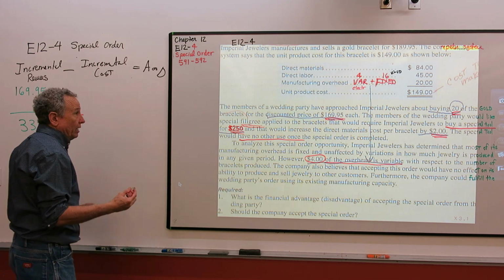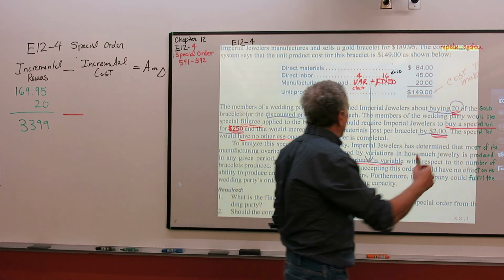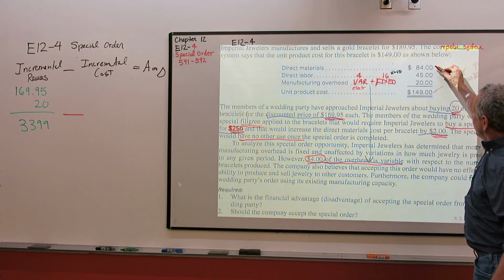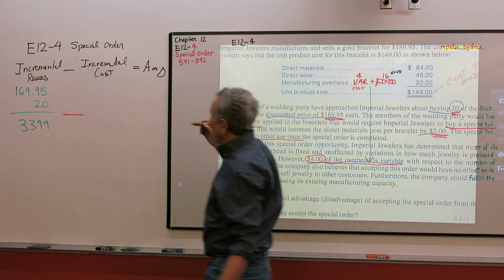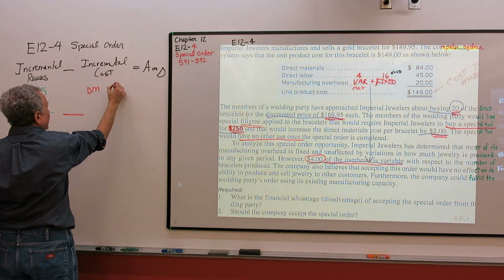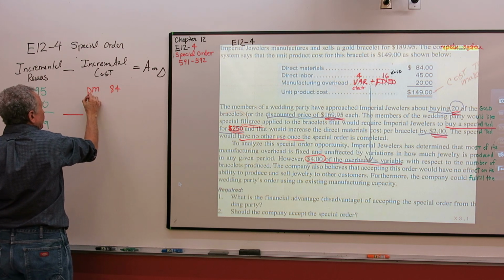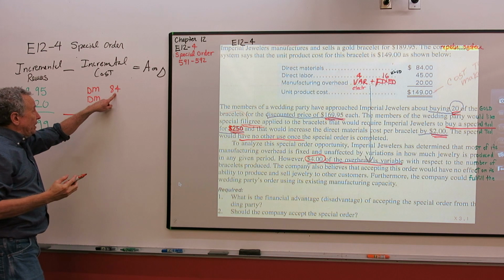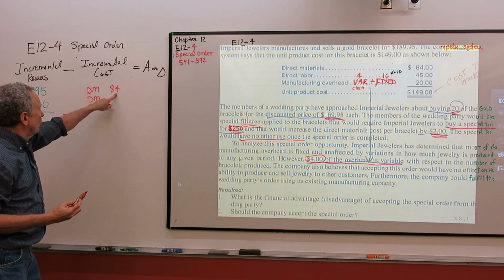All right, let's do it this way. We know to make the rings costs the same and then even more. It takes direct material. We know every ring takes direct material of $84, but there's more direct materials. Do you guys remember they told us, every time we make a ring, we've got to spend $84 on materials?